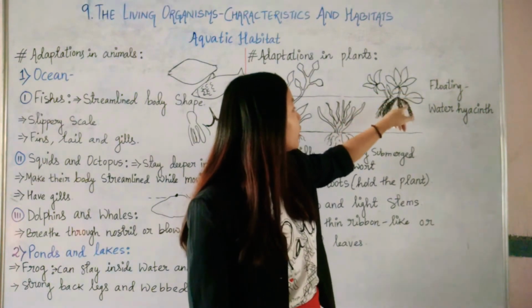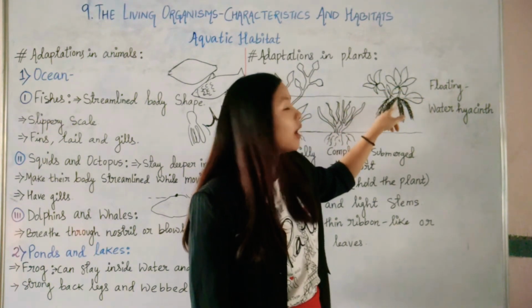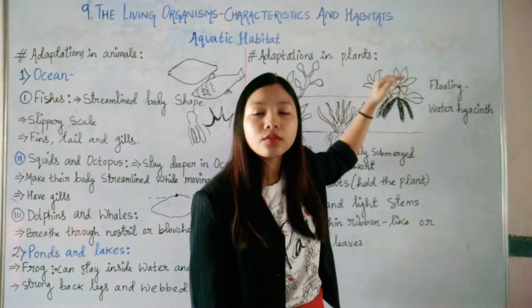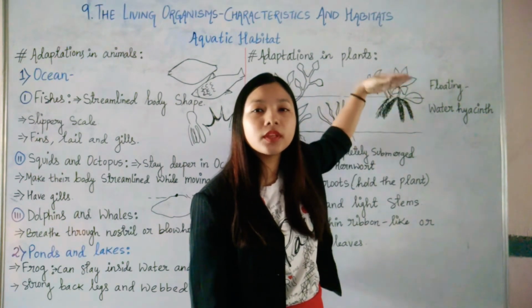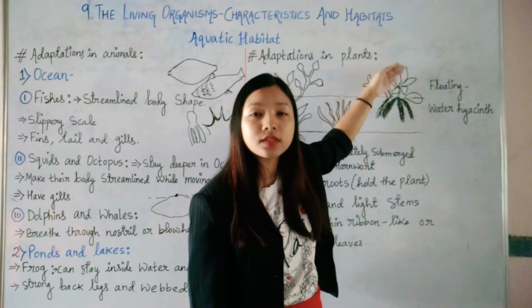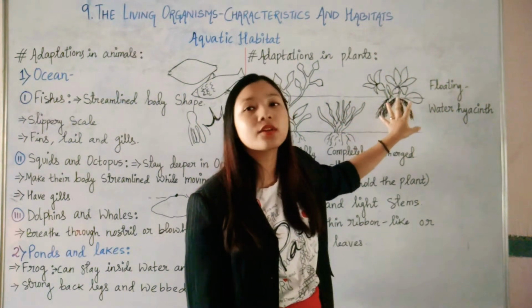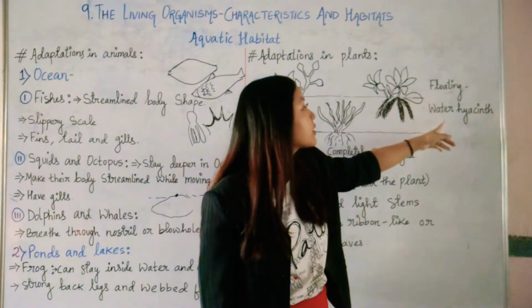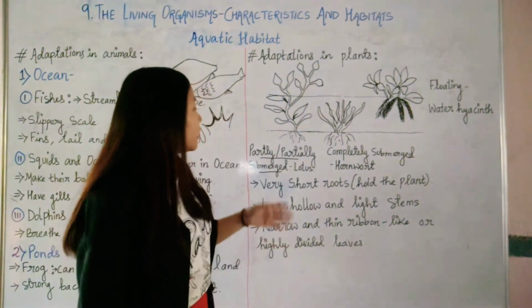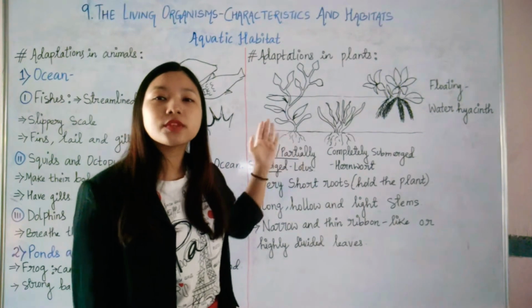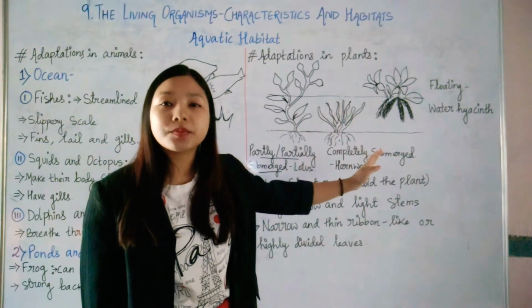You will see that only the root part is under the water, while the rest of the plant, the stem, leaves, flowers, all of them are above the water surface. Such types of plants are called floating plants. For example, water hyacinth.